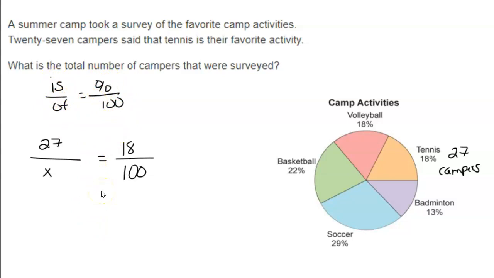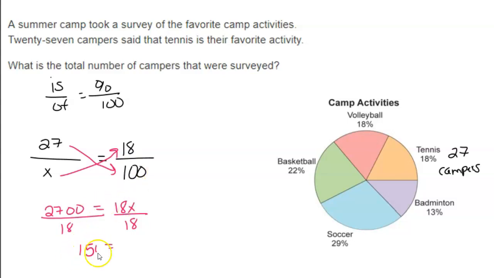And 27 is a portion of it. Now we just cross multiply. 27 times 100 is 2700. 18 times x is 18x. Then we're going to divide out that pesky 18. So we have 2700 divided by 18, and that is 150.